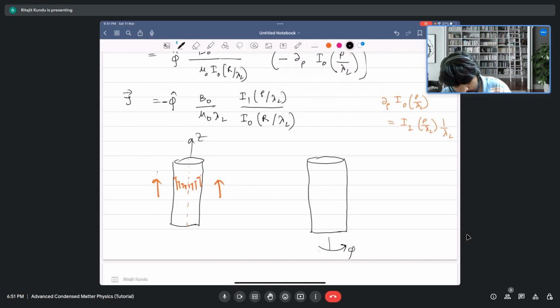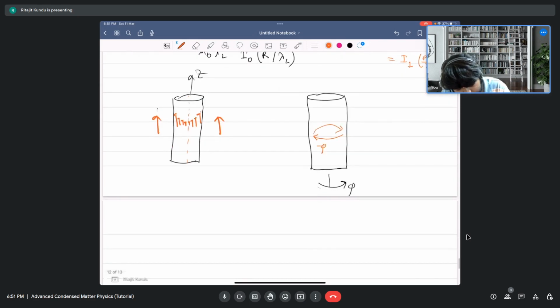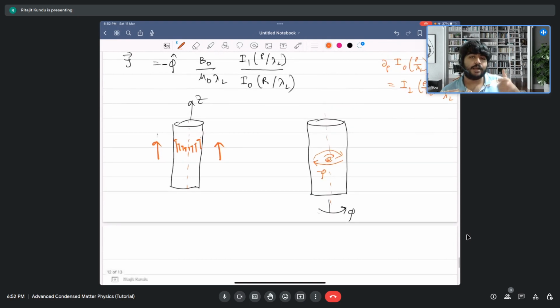Let me try to draw it. The current will flow in this minus phi direction, so you can assume the current flows in a clockwise way. As you go inside the bulk, the magnitude of the current decreases and becomes very small. The full picture is that we have an applied magnetic field in the z direction, and some current generated in the minus phi direction.